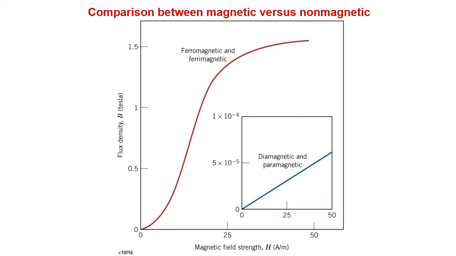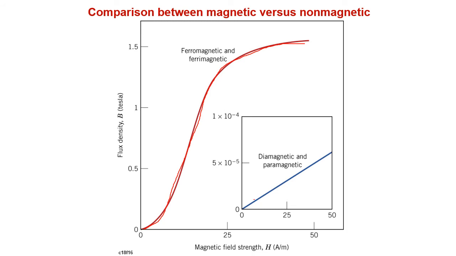Comparison between magnetic versus non-magnetic. If we look at this figure, for ferromagnetic and ferrimagnetic, the pattern is obviously different from the diamagnetic and paramagnetic pattern.